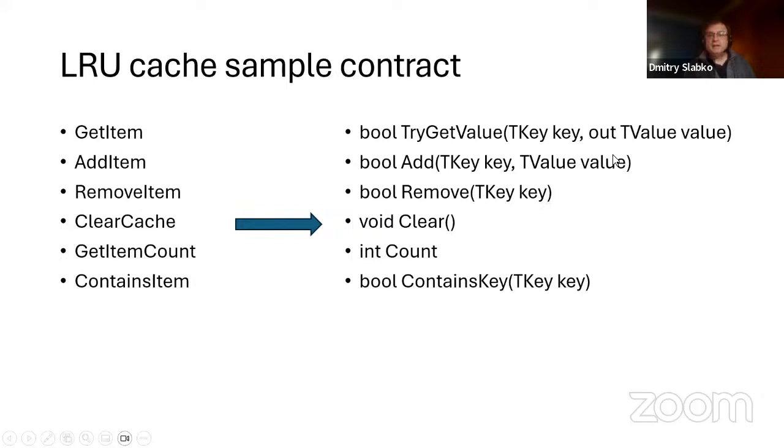Then the Add method takes a key and value and returns a Boolean result: this item was added to the cache, or it was already present in the cache. Same for the Remove method with the same conventions. The rest is obvious: a Clear method and the Count property.